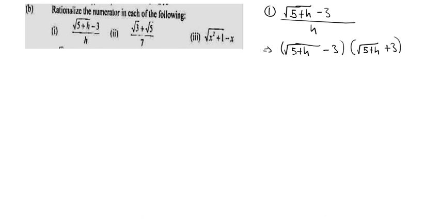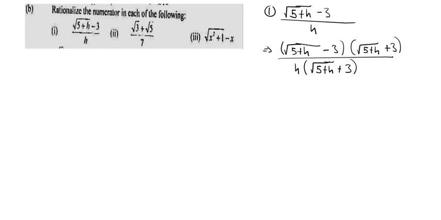So this is the conjugate. Then down there we have h open bracket, then the same conjugate that we did, we bring it here, so that will be root 5 plus h plus 3.